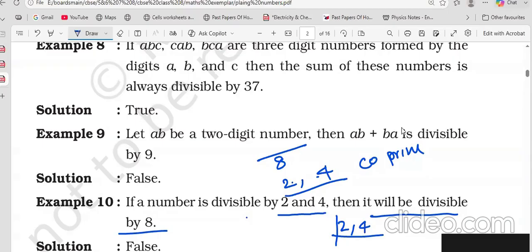Now, let's say I have a number, 12. 12 is divisible by 2, it is 6. It is divisible by 4.